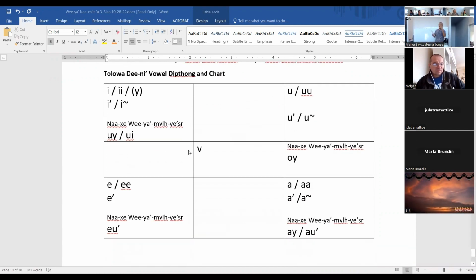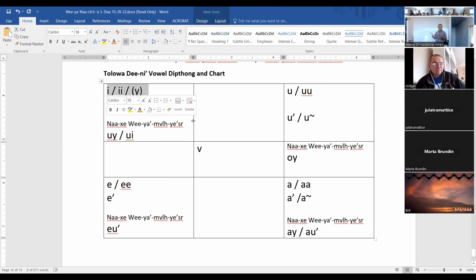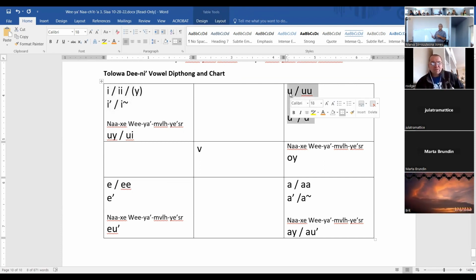Now we can take those 5 vowels and add features to them. So, for example, the letter I, which is pronounced E, it can be eek or E. So those are features added to the vowel. Skip over to the letter U, which is pronounced oo. So it's ooh.